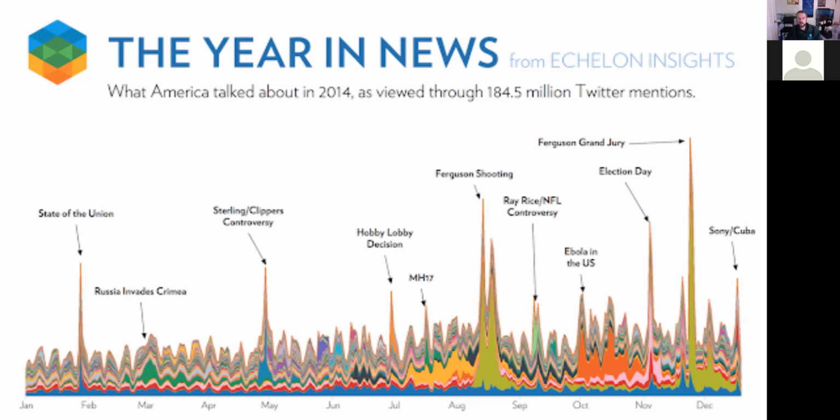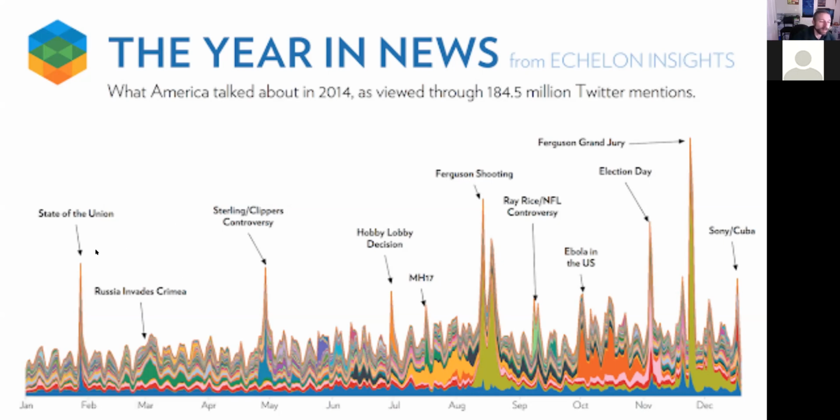It's not entirely clear exactly what each color refers to, but you'll see that colors do have more meaning as we go through this. There are events that mark more mentions than usual. There's a general up and down wave over the course of a week, where there are more mentions on a particular day of the week than any other, which is just kind of how it goes.